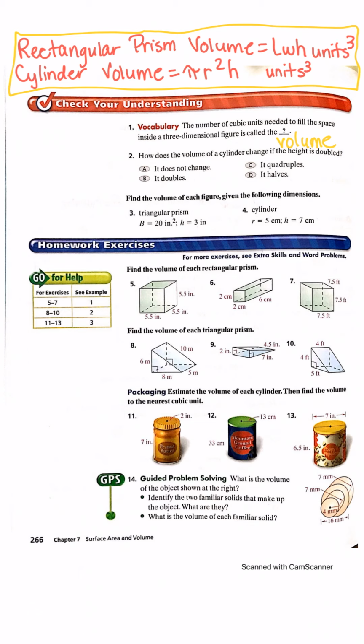A, it does not change. B, it doubles. C, it quadruples. D, it halves. Remember, we just said you could multiply it by 2, therefore it doubles. B is your answer.